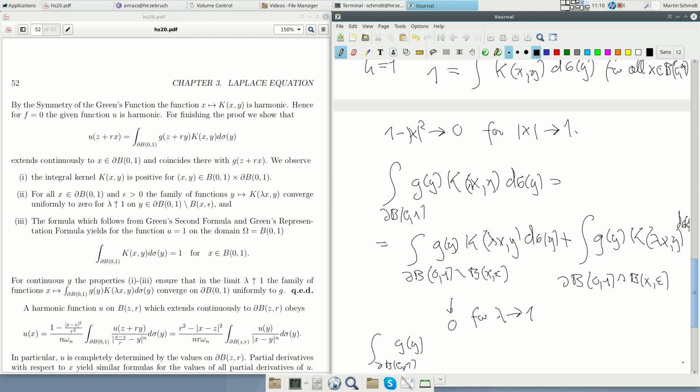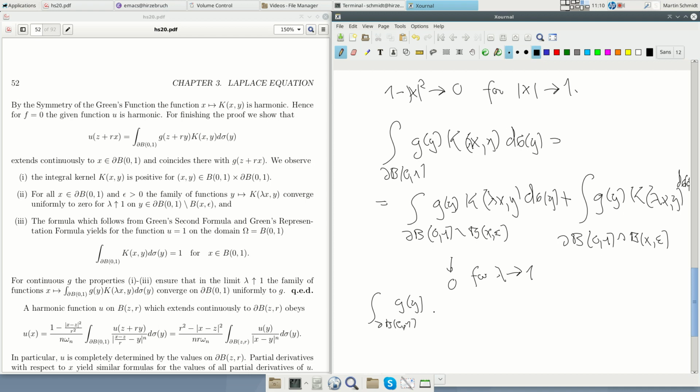the integral over the boundary of g(y) k(λx, y) dσ(y) minus g(x), in absolute value, is of course the same as the integral of (g(y) minus g(x)) times k(λx, y) dσ(y), since this integral of k is 1, we may put this in.